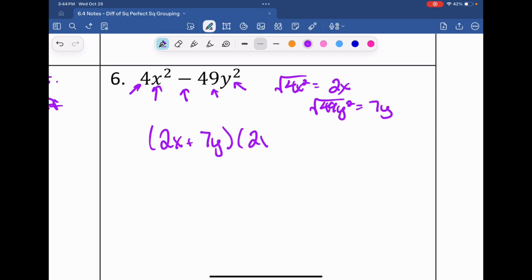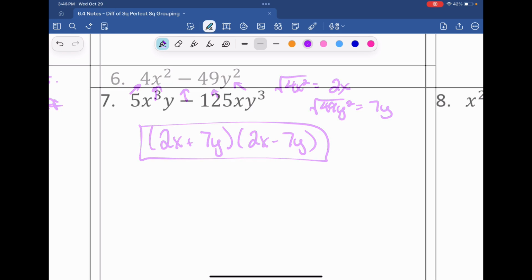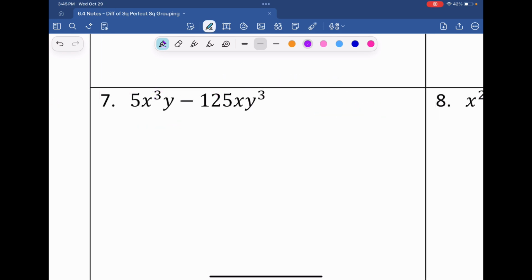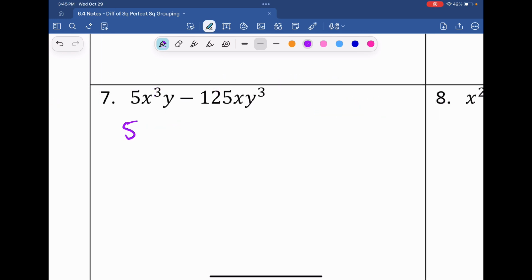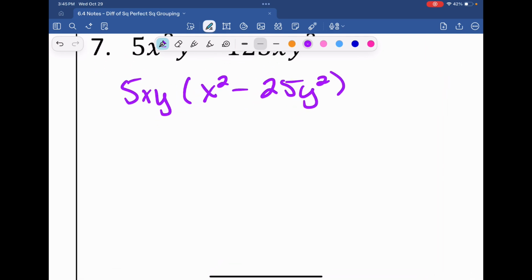Subtract the roots. All right, GCF looks like it's going to be 5xy, because they have x's and they both have y's. X squared minus 25y squared. Okay, now I'm not going to write it this time, but there's my subtraction.